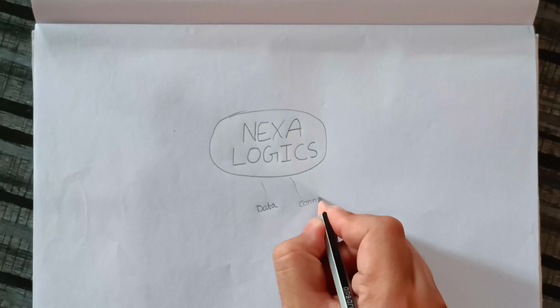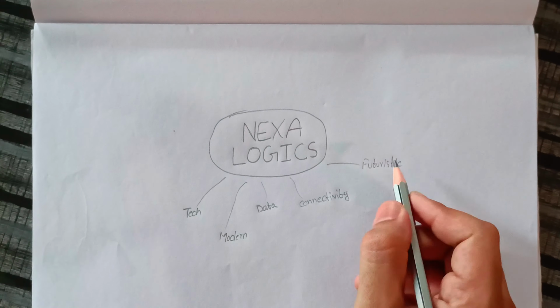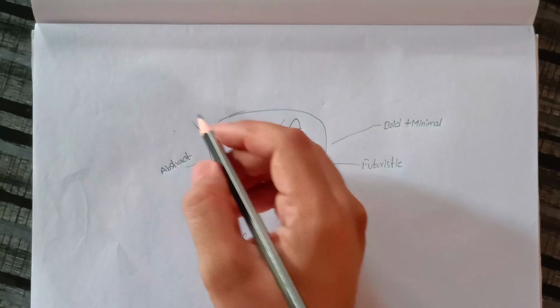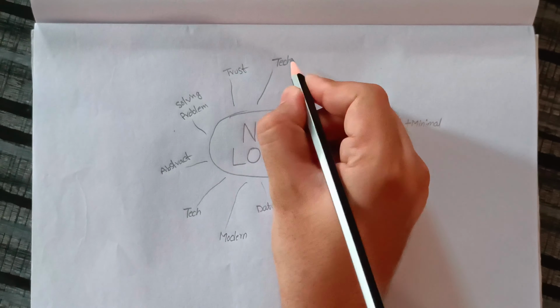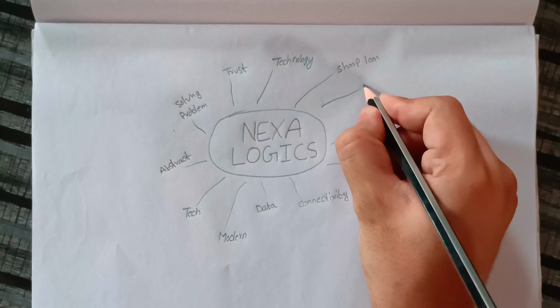So this brand called Nexalogics, a modern tech SaaS brand built around innovation and connectivity, focusing on creating smart, structured, and scalable digital solutions. Before sketching, I like to quickly note down some keywords based on the brand name and niche.